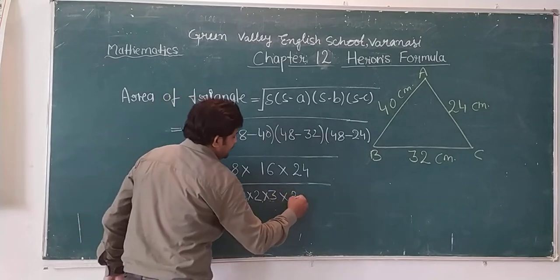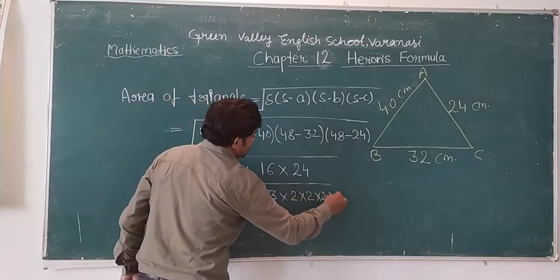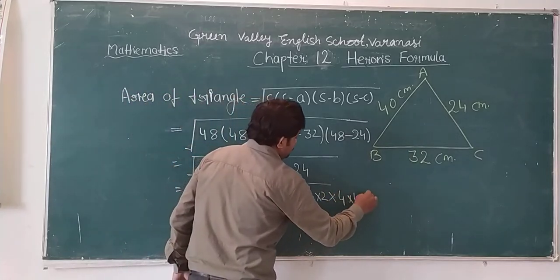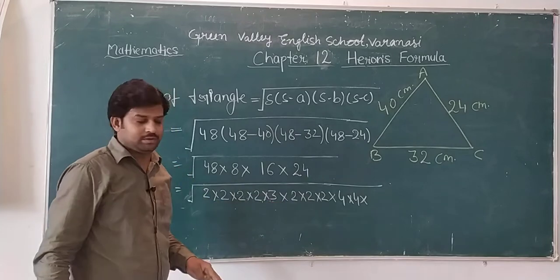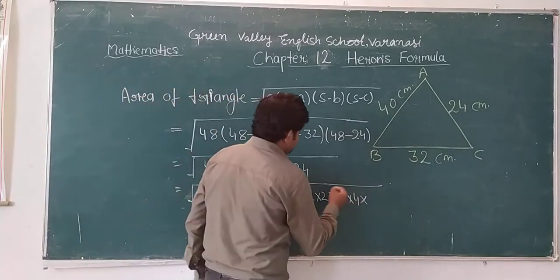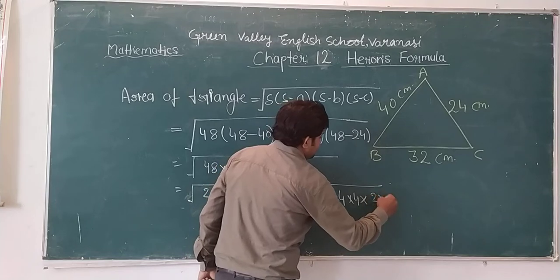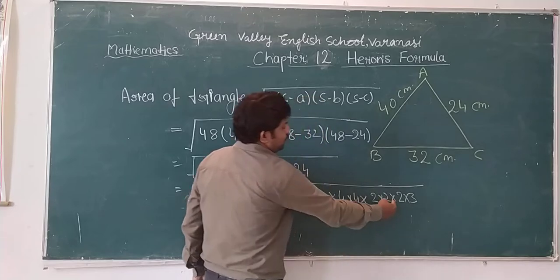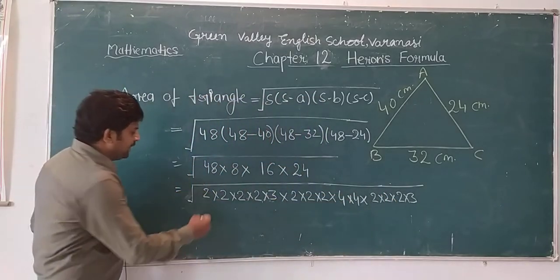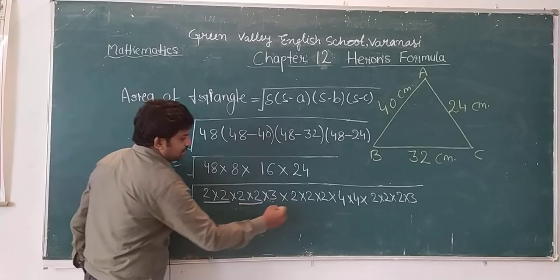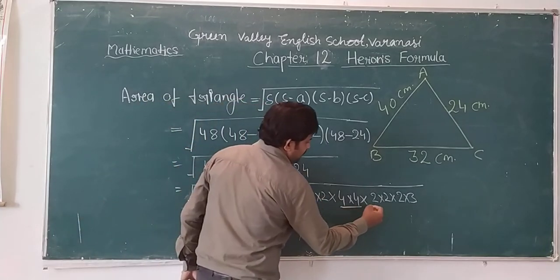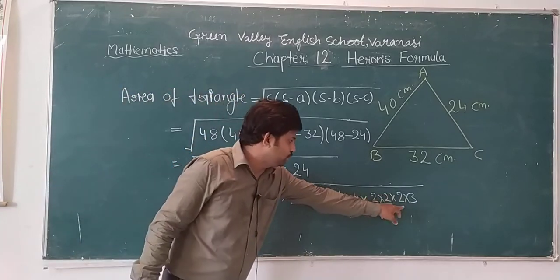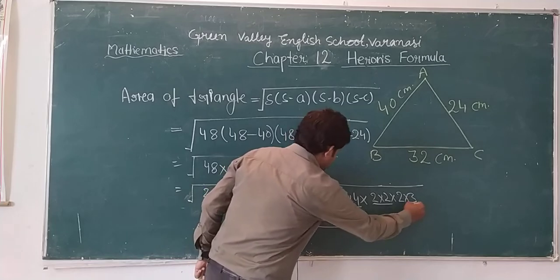And 8 we can write as 2 into 2 into 2, 16 we can write as 4 into 4, and 24 as the product of factors 2 into 2 into 2 into 3. After pairing, first pair, second pair, third pair, fourth pair, fifth pair, the rest one is 3.